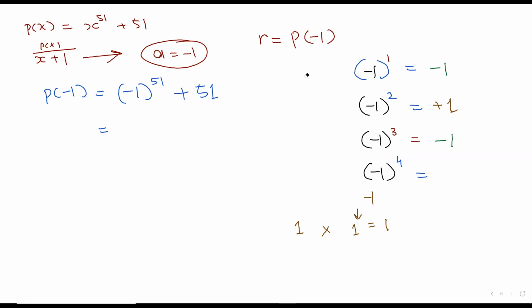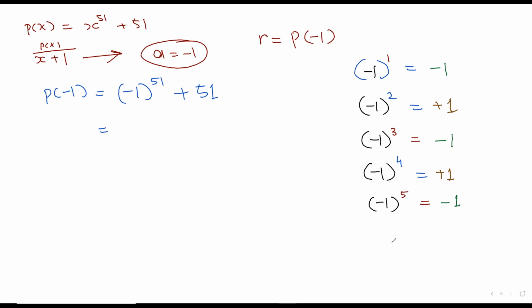So now, Hamna, can you tell me -1 to the power 4 is what? Ma'am, 1. Yes, +1, that's right. And Hamna, what is -1 to the power of 5? Yes, it is again -1, right?